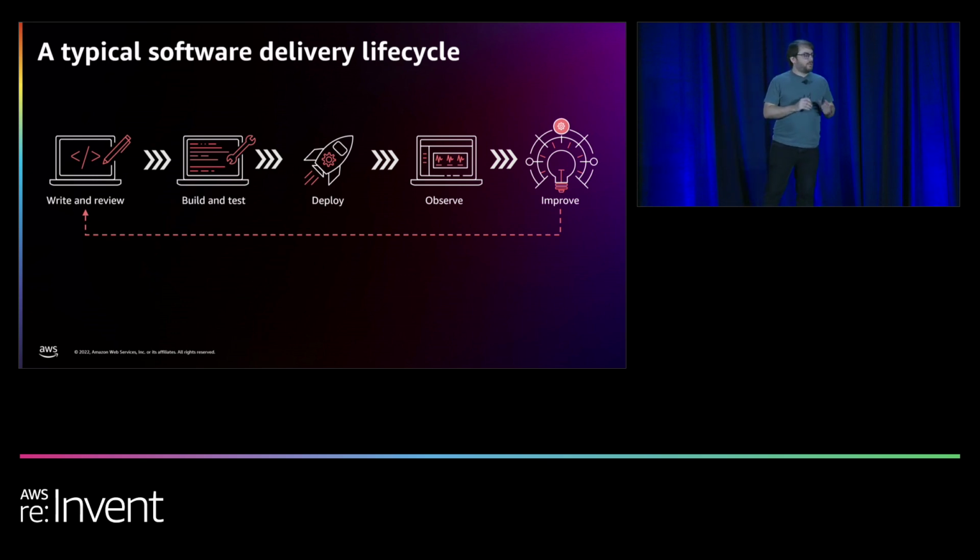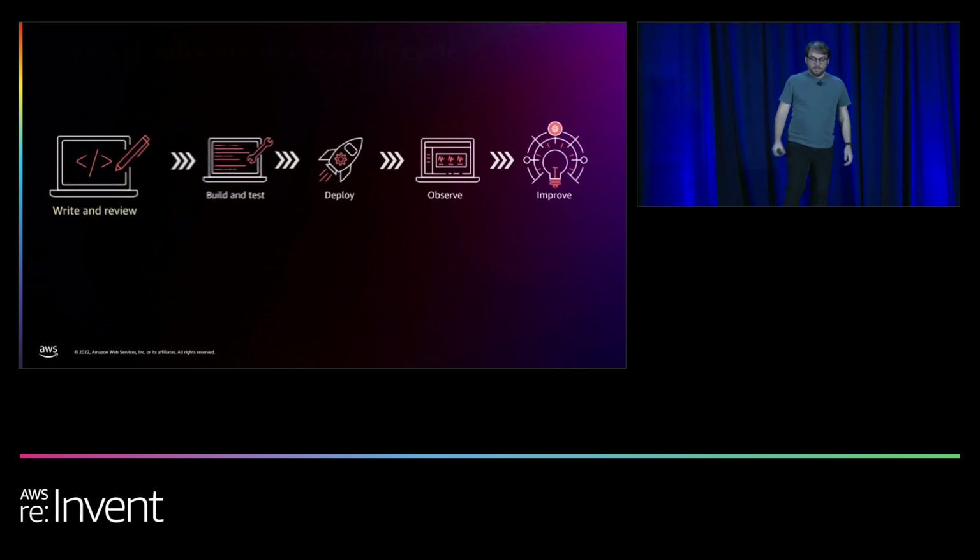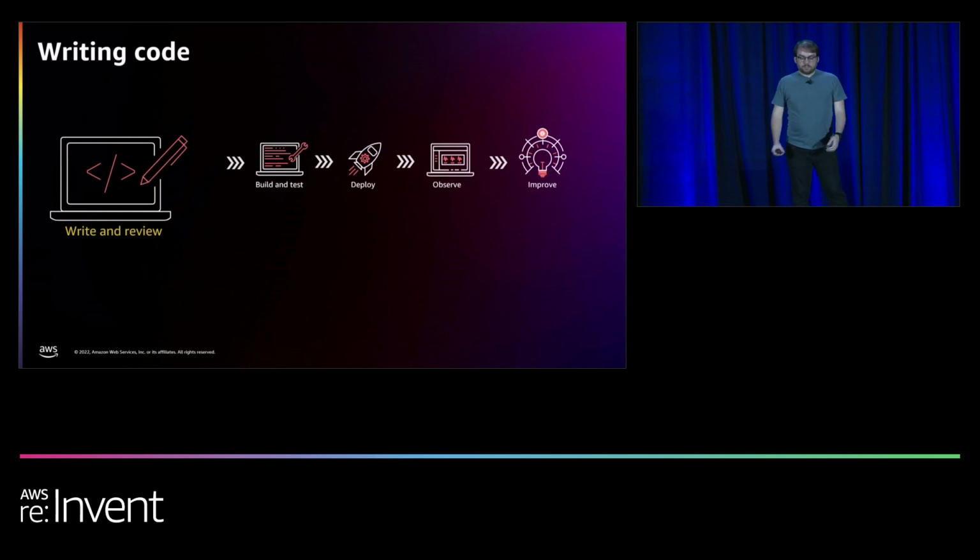But there are some things we are doing manually in this whole process that prevent us from being as agile. For example, when you are writing the code of your applications, it's very common that you manually search online for code snippets of a corner case that you're implementing, or maybe a programming language that you're not very familiar with.